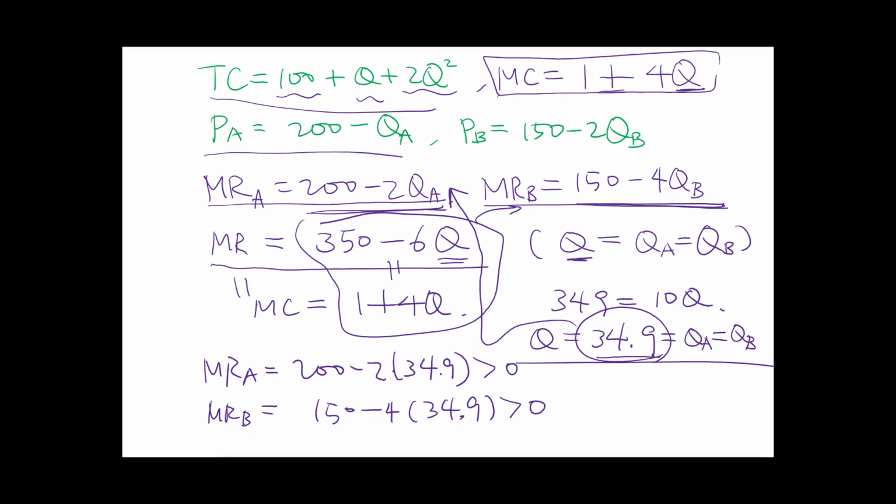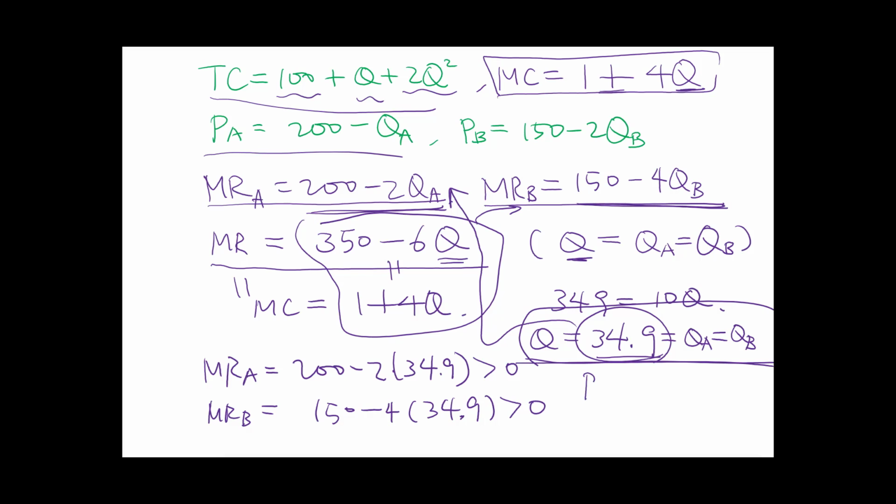So producing 34.9 output for product A and B, they are both fine as marginal revenue. Producing an additional unit does not decrease total revenue. So that's fine. So these are confirming the solution QA, QB are both equal to 34.9.